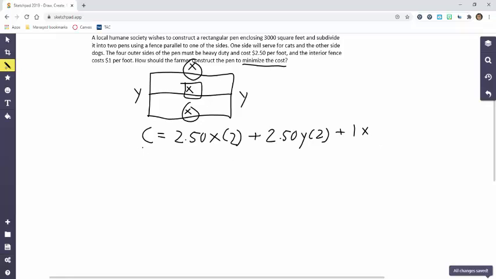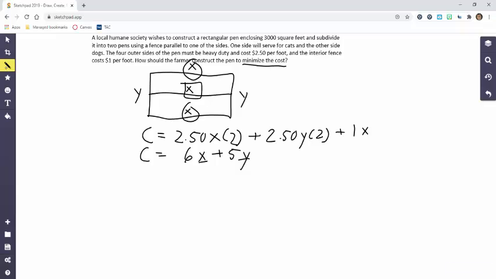Now let's go ahead and simplify this down. So 2 times 2.50 is 5, plus 1 is 6, so that gives me 6X, plus 5Y, because 2 times 2.5 gives me 5. Now we have two variables in this equation, so we've got to uncouple them.